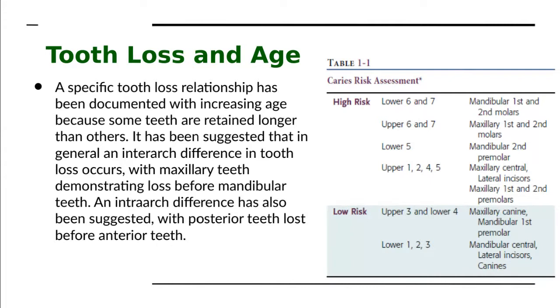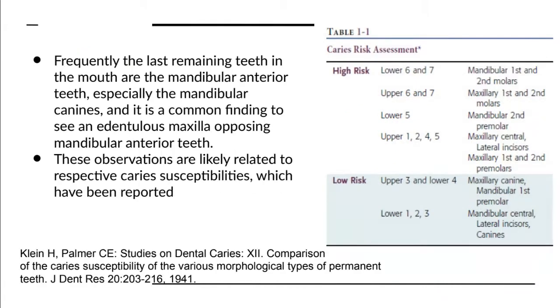And finally, the least risk groups are the lower anteriors: mandibular centrals, mandibular laterals, and the mandibular canines. Most of the time, these are the teeth which stay in the mouth, whereas all the other teeth are lost. So this is based on a study which was given by these people here.